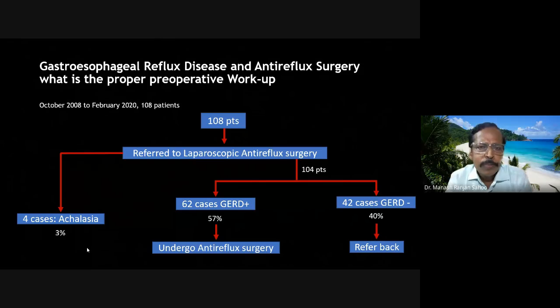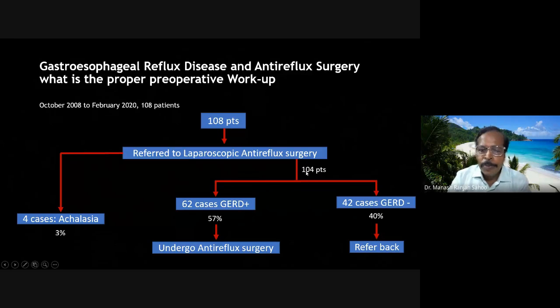Before we come to the treatment proper, we must know that with all the patients that come to us with gastroesophageal reflux disorder, we do not just jump in to do an anti-reflux surgery. That is very clear on this slide. 108 patients consulted for anti-reflux surgery. Out of them, 4 were achalasia, they were sidelined.